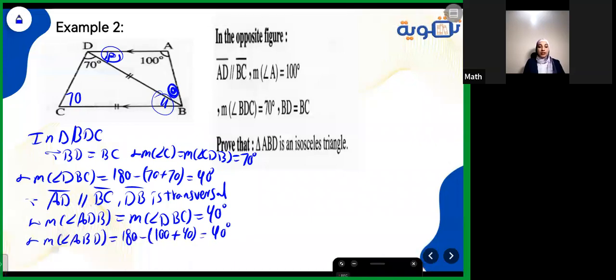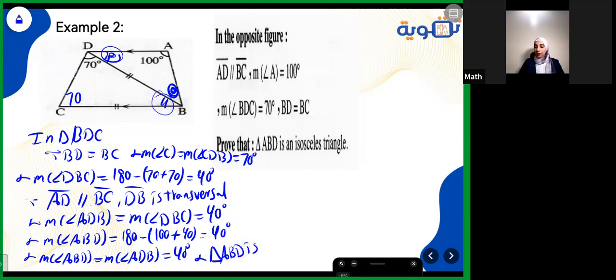Now I can finally say that measure of angle ABD is equal to measure of angle ADB, which is 40 degrees. Then triangle ABD is isosceles. Okay, I think you got it now. Let's go to the next part.